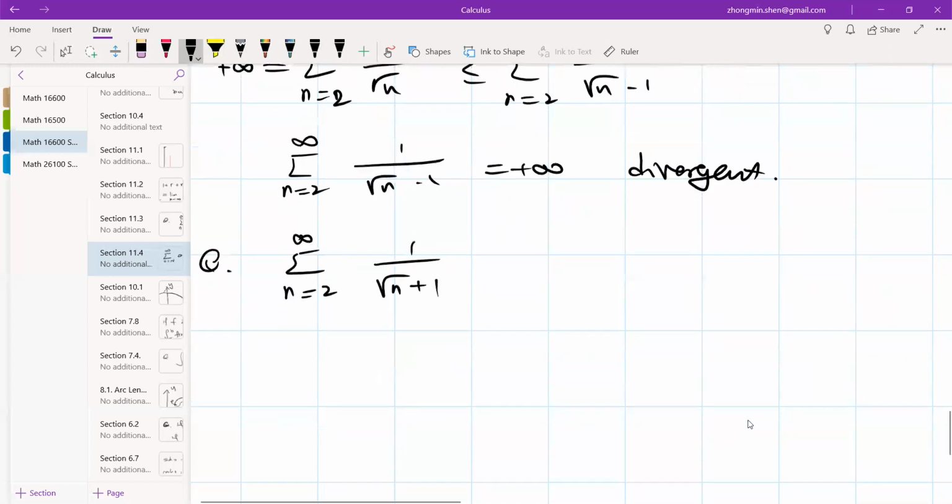To prove divergence, this should be on the right-hand side and this on the left-hand side, but you cannot put the 1 there. You have to make that one smaller, so let's put 1/2 or 1/3. If 1/2 does not work, try 1/3.